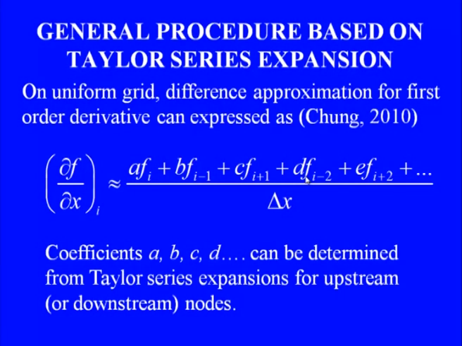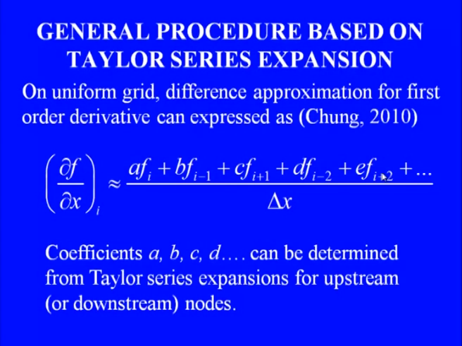Remember, for a uniform grid, in the denominator we will have this delta x anyway, and the numerator will contain the function values at different grid points multiplied by some numerical multipliers.